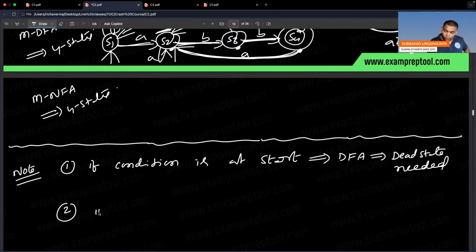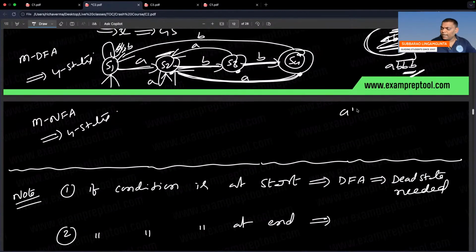Second, if the condition is at the end, remember, at the end it will keep on changing. See, ABB ending. Careful everyone, ABB ending. After ABB, A came. So ABB is not there at the ending, temporarily wait in the non-final. Go to the correct non-final and wait.